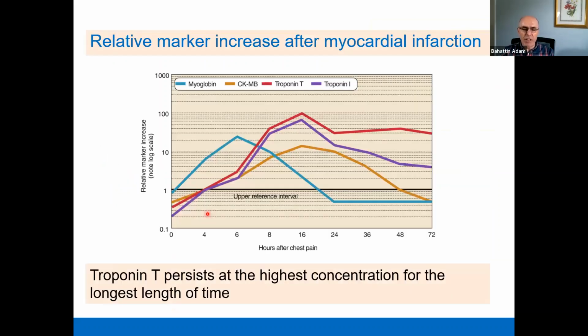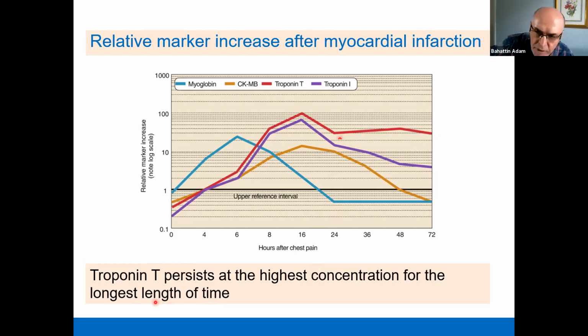Now, as you see in these diagrams, the relative marker increase after myocardial infarction, myoglobin is the earliest increased marker. Troponin T persists at the highest concentration, which is in red, for the longest length of time.